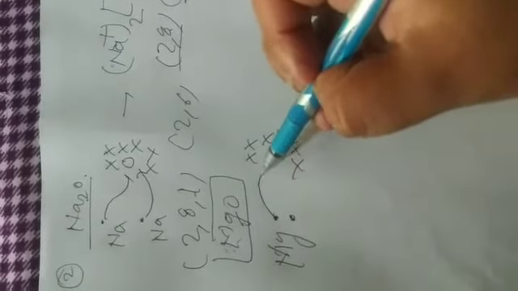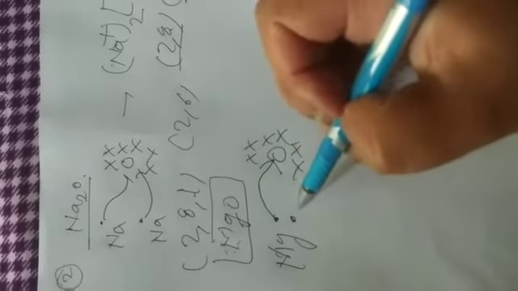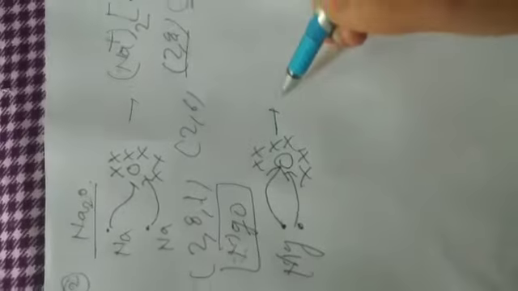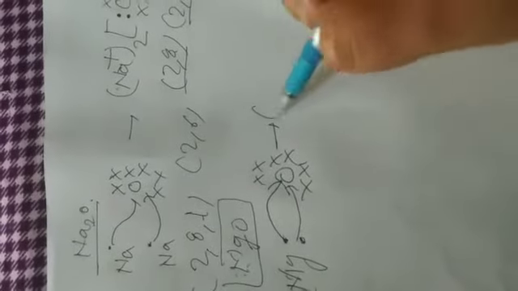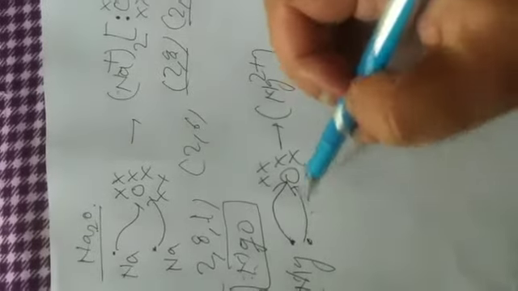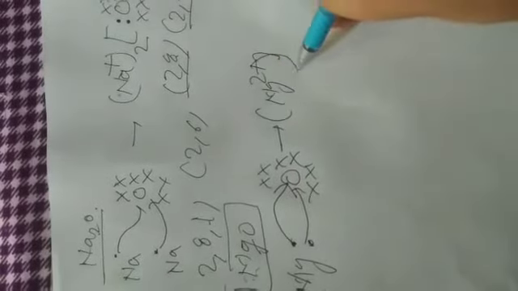These 2 electrons shift to the oxygen atom, and the structure formed is magnesium 2 plus, with loss of 2 electrons.